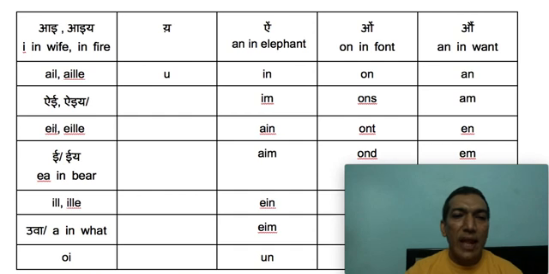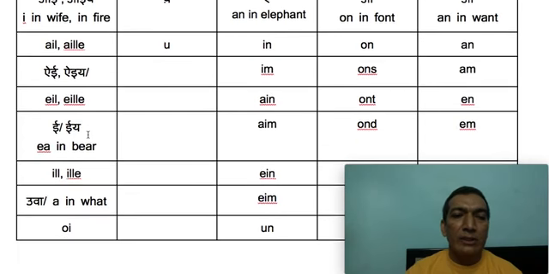EL is aille. Single L is aille, and double is aille, similar to the sound in fire. Then E double or EL, okay, E or E double or E, so both of them are E, and whenever it is E double E, double L or double, as we say in French, which means two.